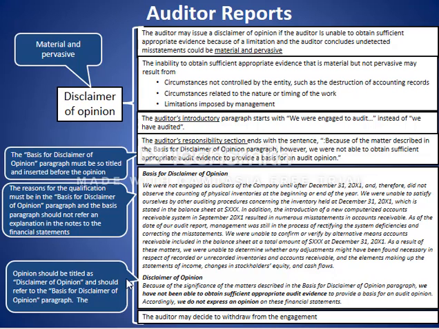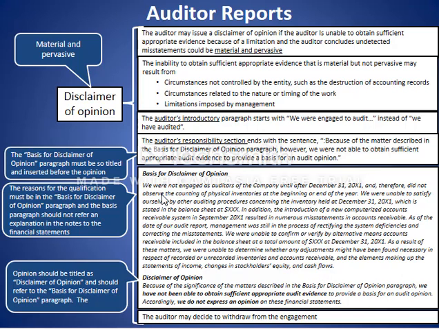In this case, again, the opinion should be titled disclaimer of opinion and should refer to the basis for disclaimer of opinion paragraph as the basis for the disclaiming of the opinion. As it says here, because of the significance of the matters described in the basis for disclaimer of opinion paragraph, we have not been able to obtain sufficient appropriate audit evidence to provide a basis for an audit opinion. Accordingly, we do not express an opinion on these financial statements.